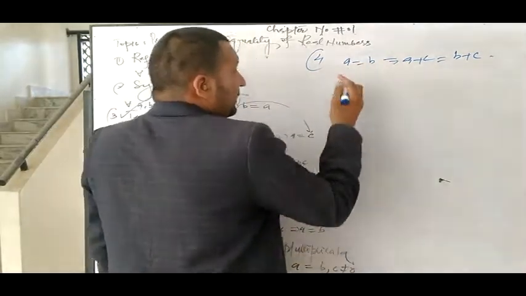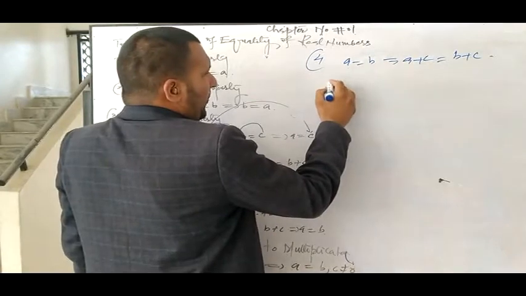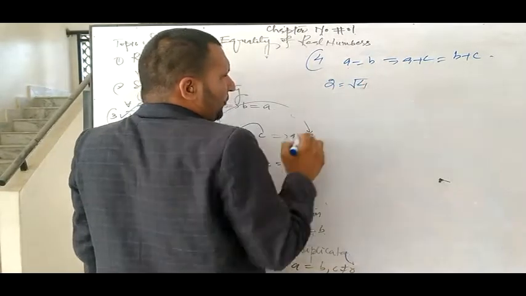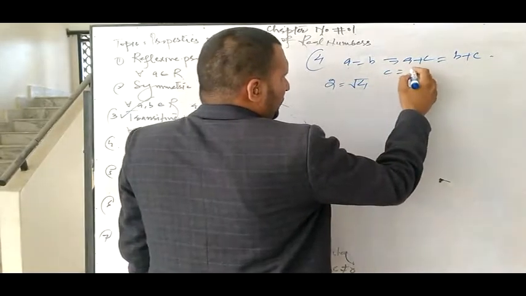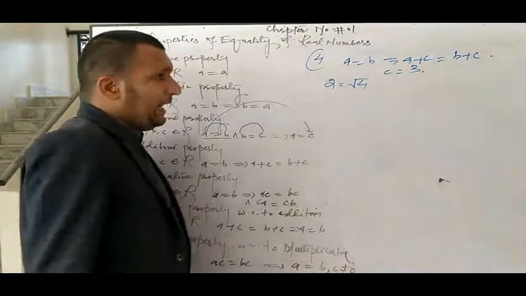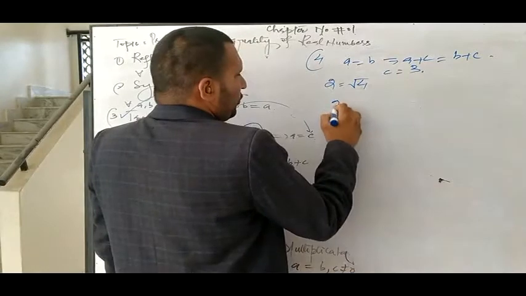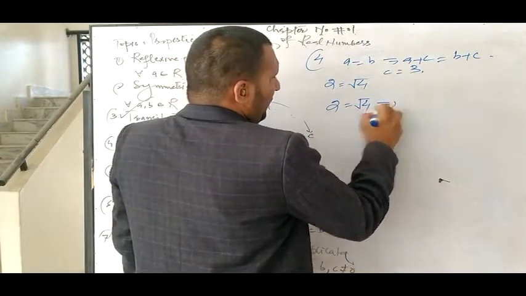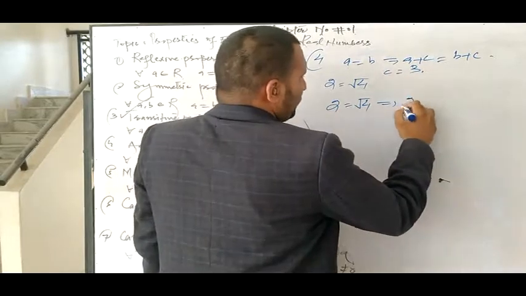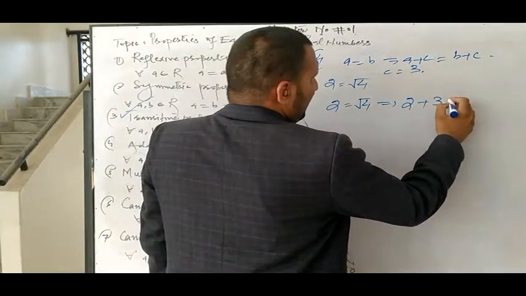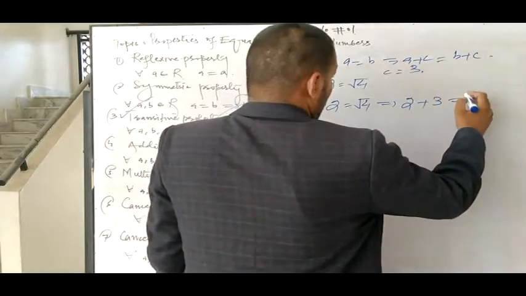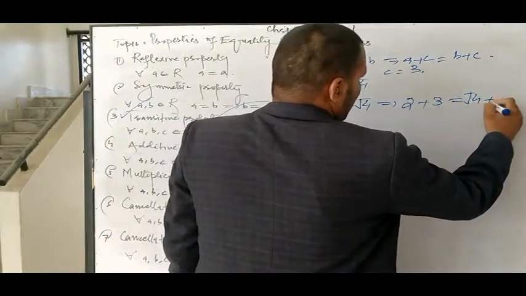Let A is equal to 2 and B is equal to square root of 4 and C is equal to 3. Converting, A is equal to 2 plus C is equal to 3, and B is equal to square root of 4 plus C is equal to 3.